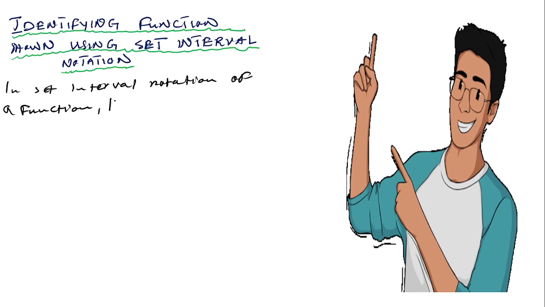Now, with that being said, this leads me to teach you how to identify the domain and how to identify the range. So this is one of the questions which you shall be asked in the exam. Let me quickly look at the example.